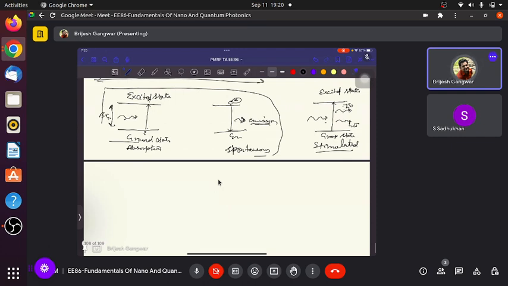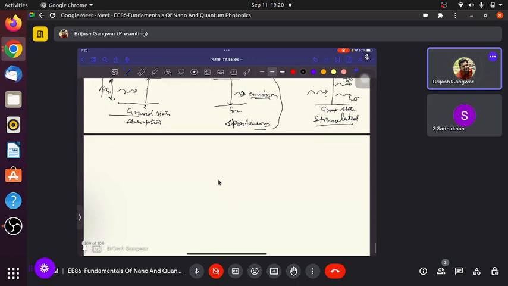Actually, this is a two-level system. But if you go to a three-level system, you can understand more precisely what is happening in stimulated emission or lasing.